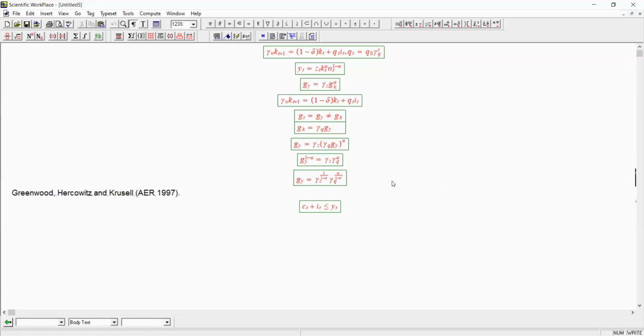And so now, of course, there are two different sources of growth. Improvements in productivity, as we normally think of productivity, which affects the efficiency of all resources, and the improvements in Q, which they refer to as investment-specific technical change. Because, of course, it affects only investment goods. It doesn't affect consumption goods.